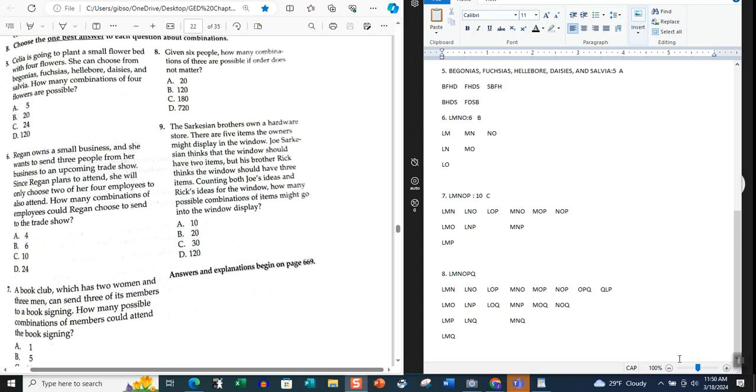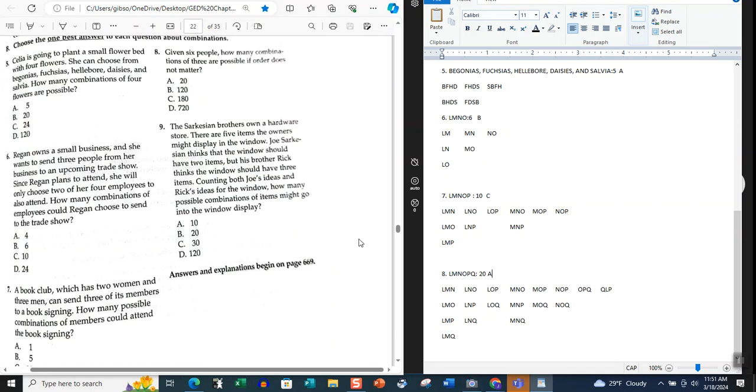So let's just say that with my doing this, I did not list all of the combinations. But you see the one that is closest to number 8 is A, which is 20. So your answer here for number 8 would be 20, and your answer is the letter A.